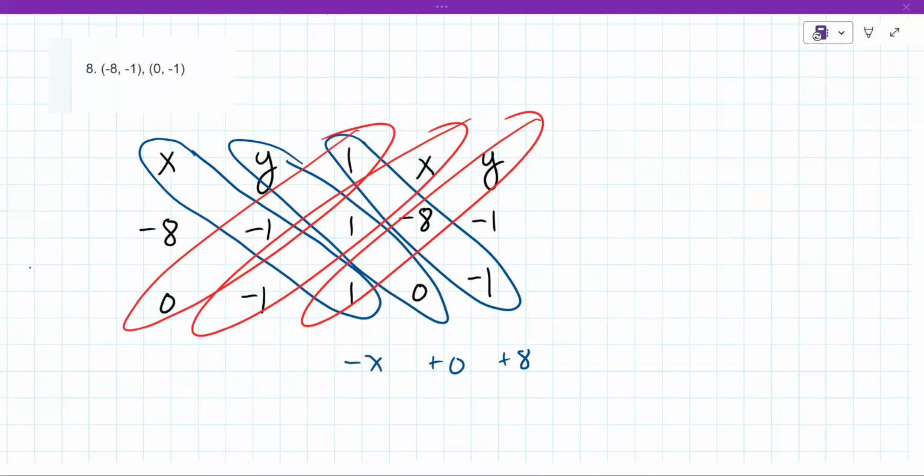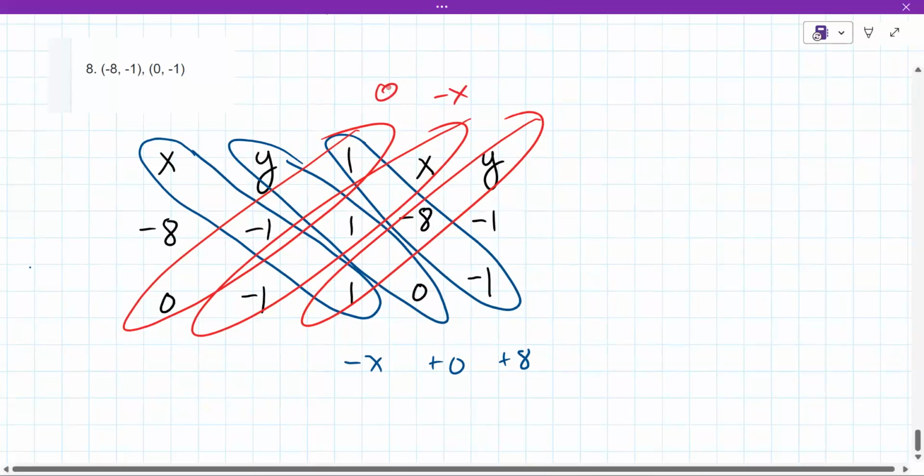Okay, so then for that, it would be 0, -x, and -8y.